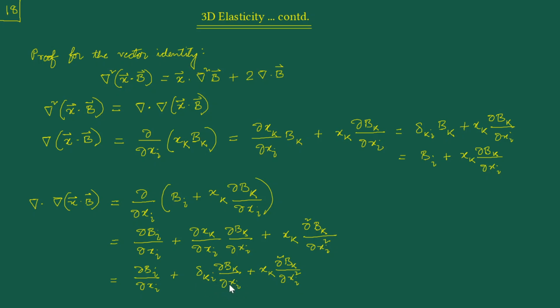This one can be easily written as either del bk del xk or del bi del xi. They're the same things. So I'll choose to write this k as i. So using the substitution power of the Kronecker delta on this, plus xk del square bk del xi square.